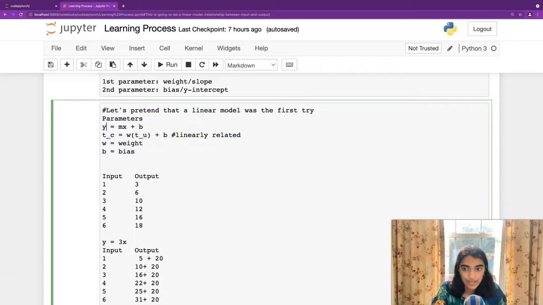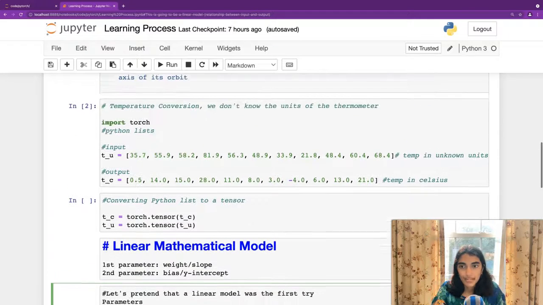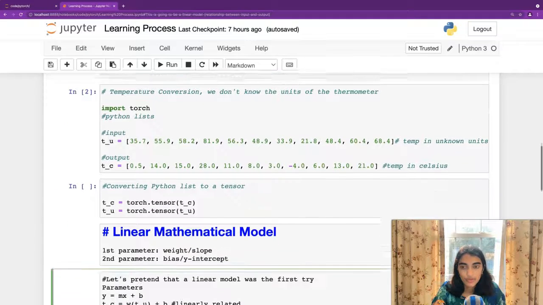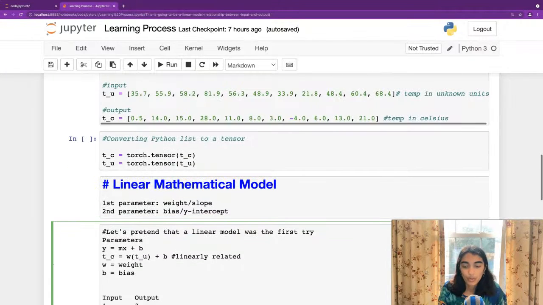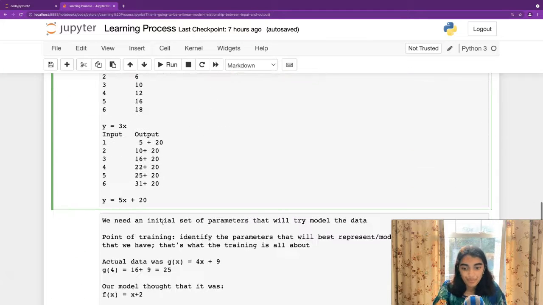Okay, but this sums it up nicely, right? We have y equals mx plus b, where y is our temperature in Celsius. And once again, we're continuing our temperature conversion problem, where the temperature in Celsius is our output, and the temperature with unknown units is our input, because that's what we're reading.